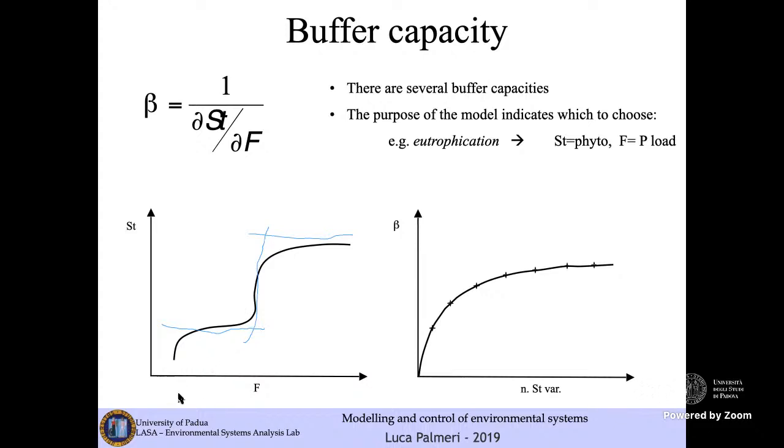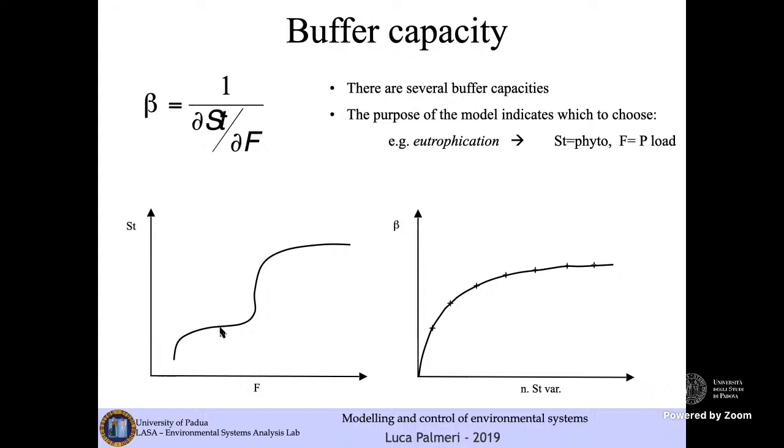So when the derivative, if you want, of the value of the state function on the variation of the forcing function is large, then the system appears to be extremely sensitive, and so the adding of a new state variable may increase our knowledge concerning the system.